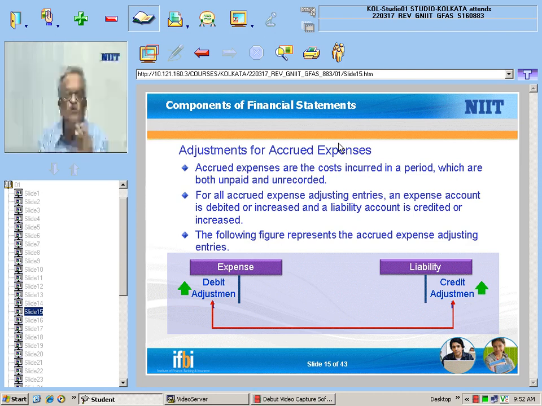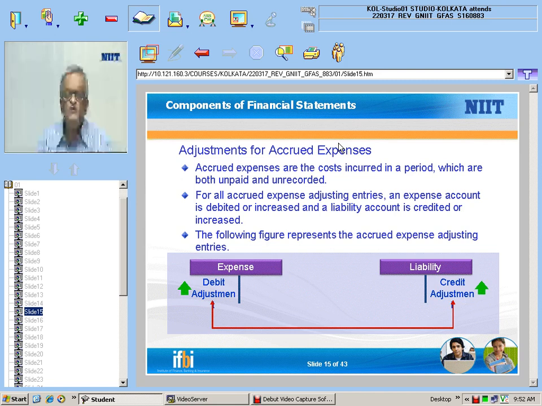For example, interest accrued and payable. That is the liability account where any interest amount which has fallen due will be kept separately. So accrued expenses are the costs incurred in a period which are both unpaid and unrecorded.